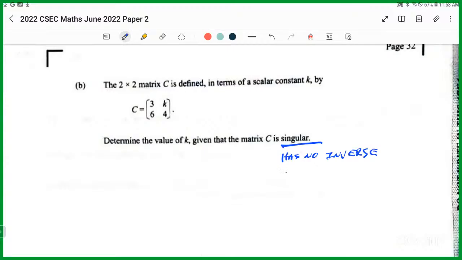Because the determinant of C is equal to 0. When the determinant is equal to 0, it means that this diagonal product is equal to this diagonal product. So you can say AD, A times D, is equal to BC, B times C. This diagonal product AD is 3 times 4, equal to this diagonal product, which is K times 6.